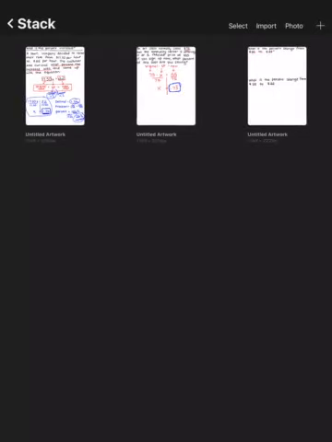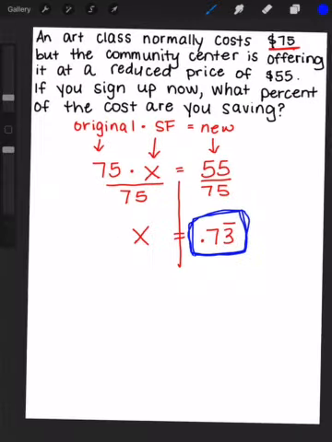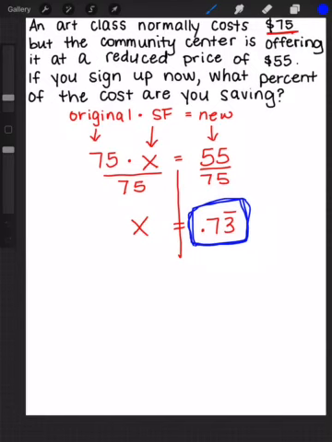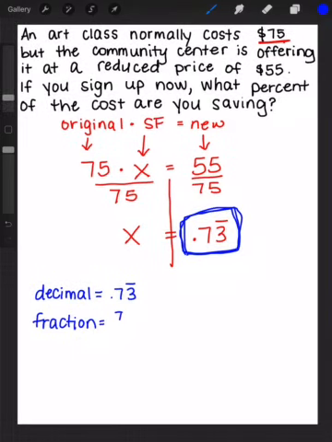Okay. So now we need to figure out the answer to our question, which is what percent of the cost are you saving? So in this one, we have our decimal, which is that 0.73 repeated. We have a fraction version of this, and it would be about 73 over 100.